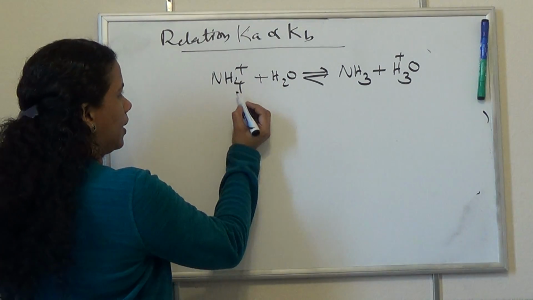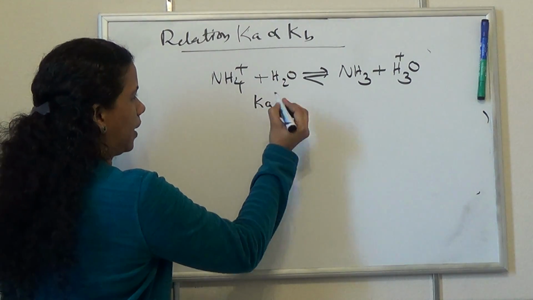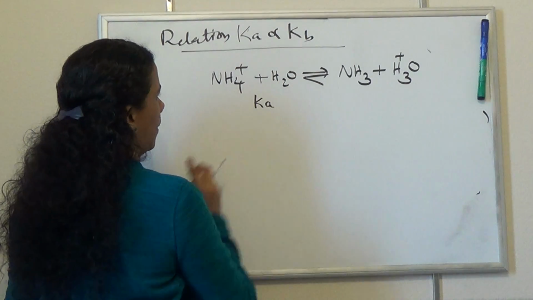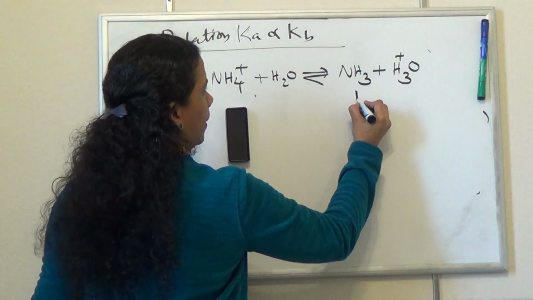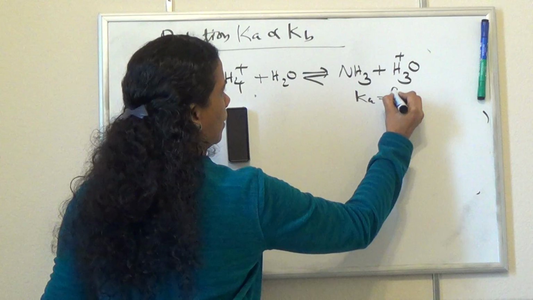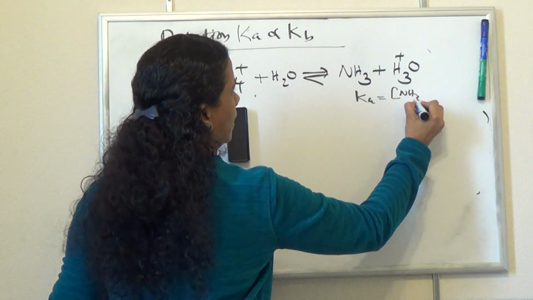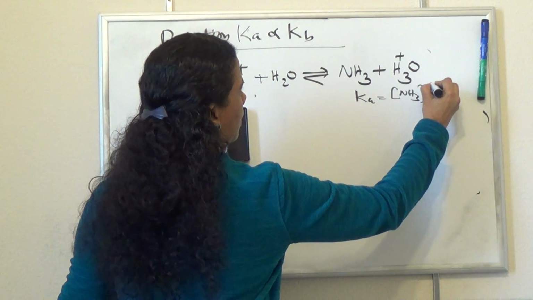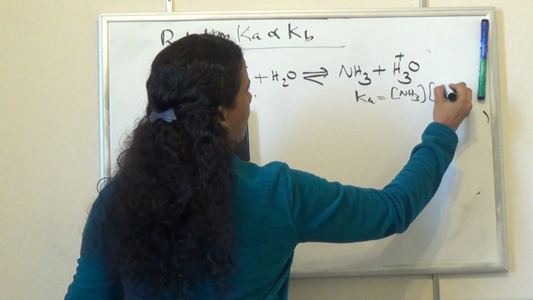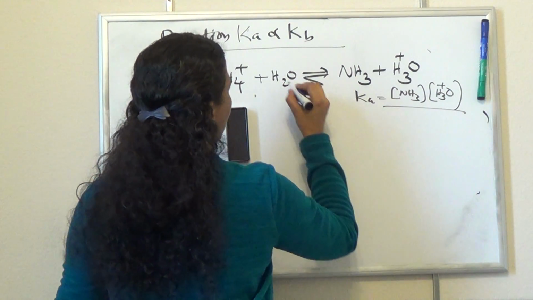So when we write this as an acid, we can write the acidity constant Ka. Ka will be equal to the concentration of NH3, the product, into the concentration of H3O plus, divided by NH4 plus, and we can avoid water as it is a constant.